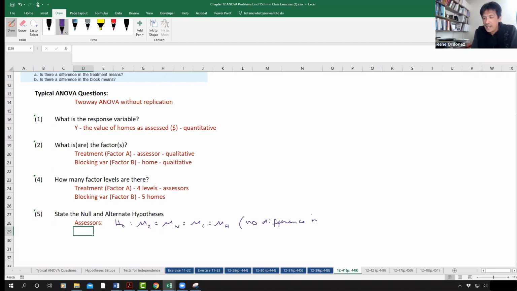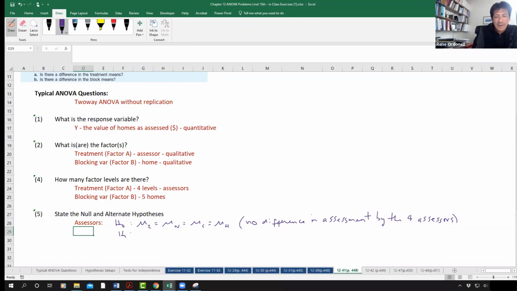So another interpretation of the null hypothesis is this: no difference in assessment by the 4 assessors. Meaning we want them to be consistent in assessing the same kind of home. Do you agree? Okay.